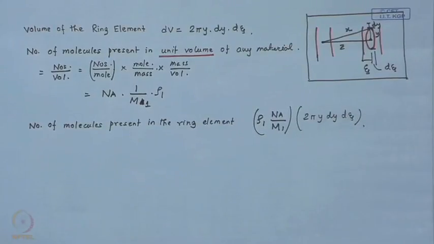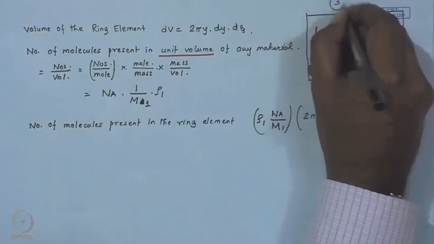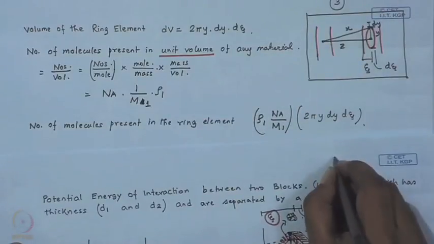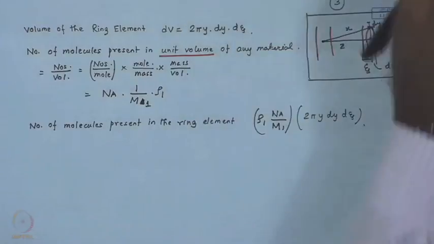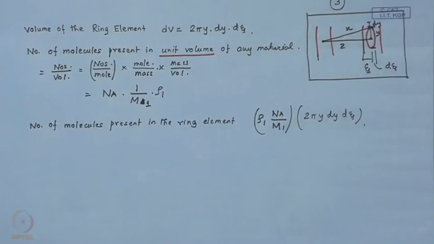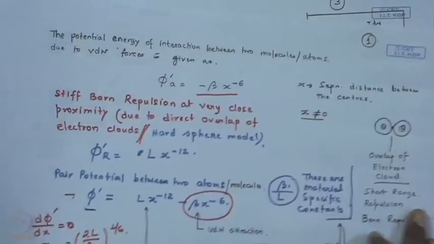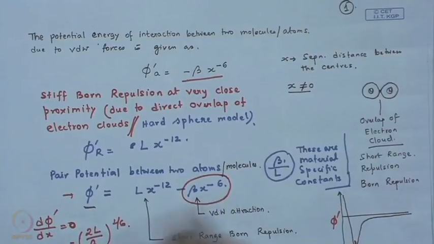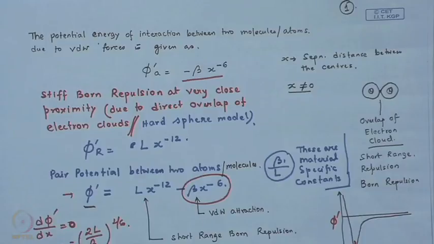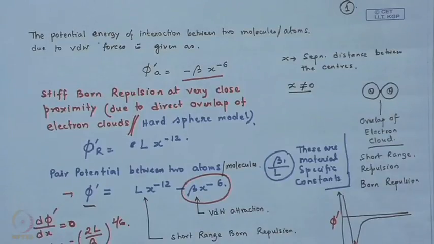Now, we know that the interaction, or the attractive interaction, between two molecules is beta into x to the power minus 6. So, here the separation distance we have considered is x.